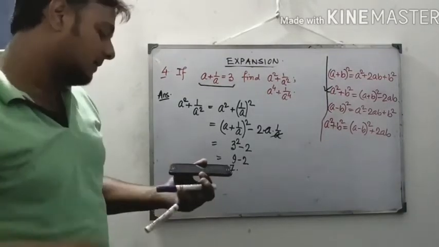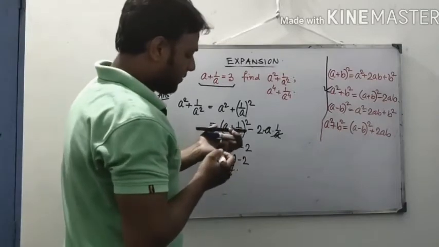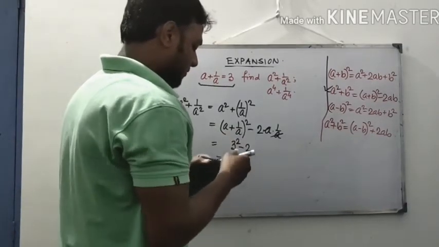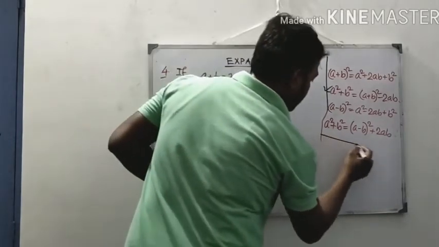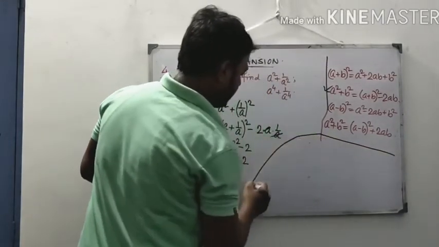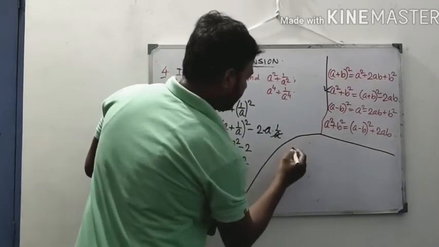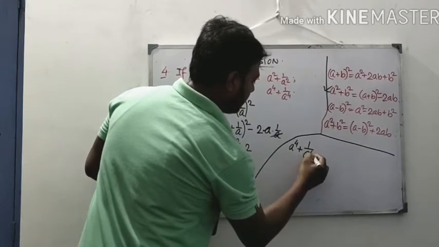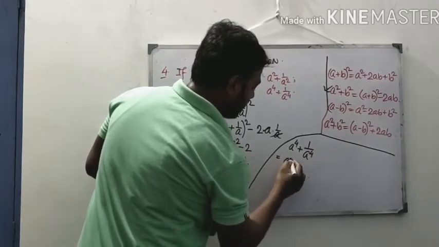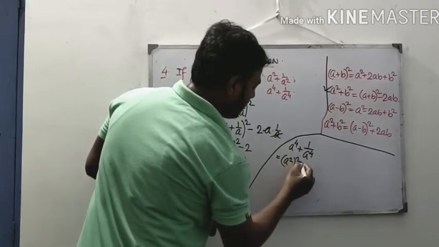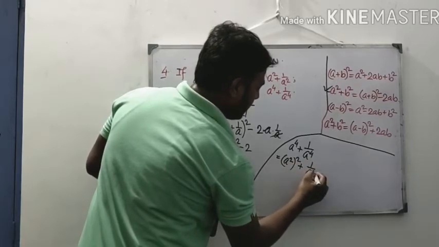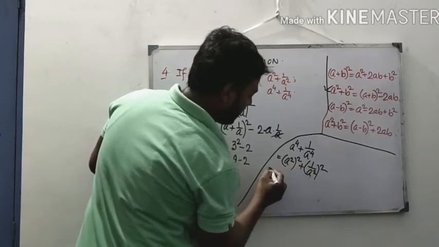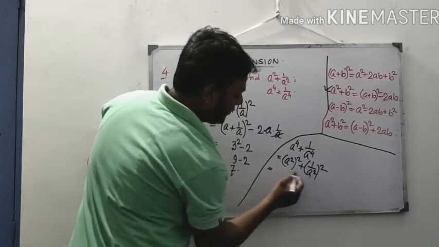Okay, and for the second one, I am solving the second problem here: a to the power 4 plus 1 by a to the power 4. This can be written as a square the whole square plus 1 by a square the whole square. Again a square plus b square. This one is a, this one is b.